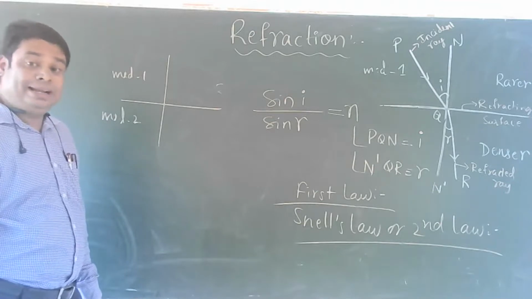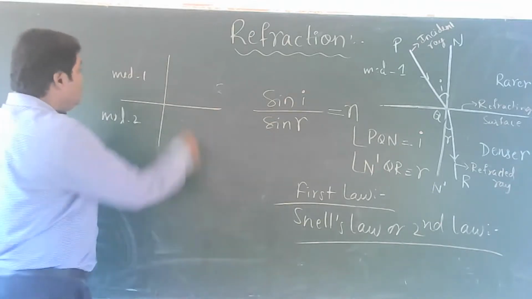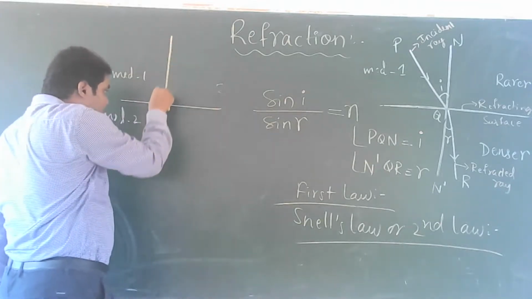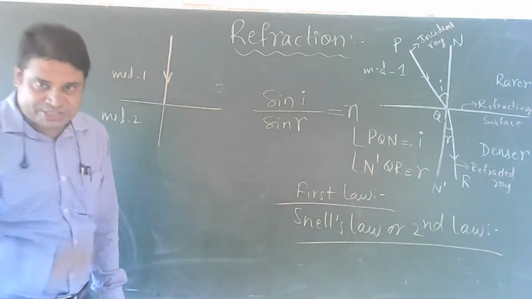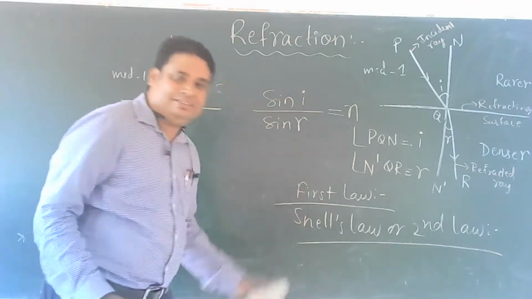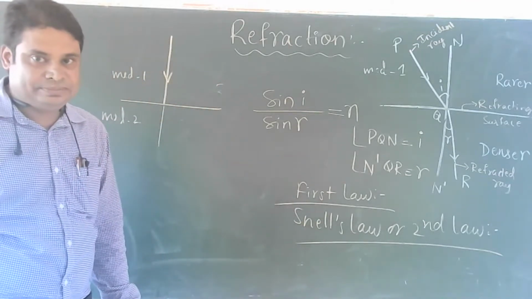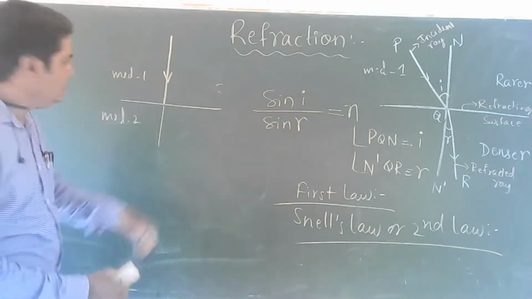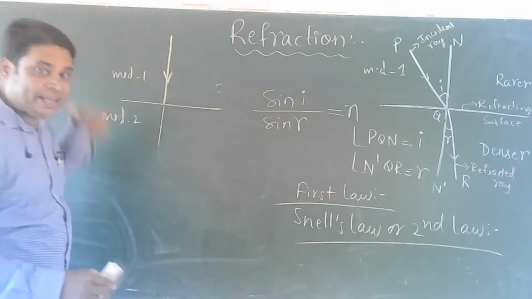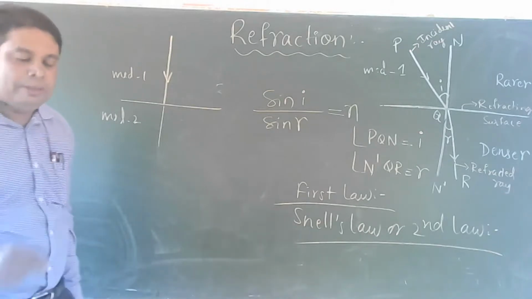Now, let us consider a ray of light along the normal. Then what about refraction? What about Snell's law? Hope you understand. Imagine a ray of light is moving in the direction of the normal.